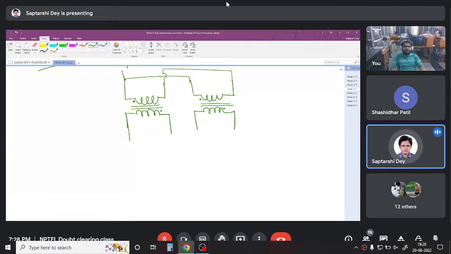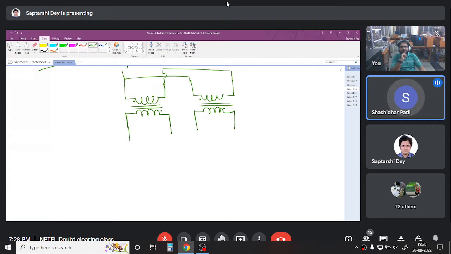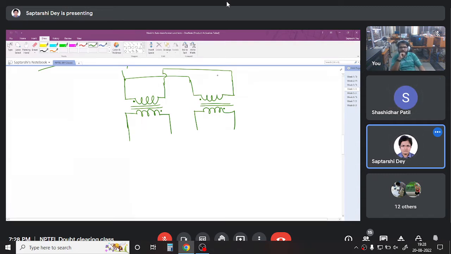There is some loss, some voltage drop in the winding impedance. For a polarity test, just to know the polarities in the primary, just 50 volts is enough. Okay, thank you, sir.